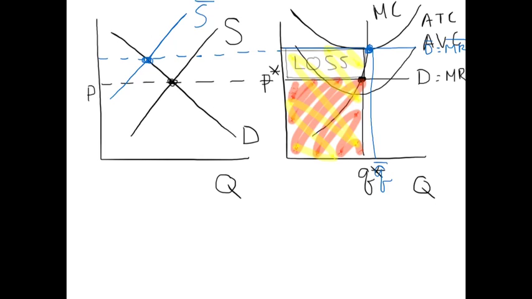Also, we need to show the shift from the Q star to the Q bar, the shift from the S to the S bar, and the shift of the demand and MR, which I showed right there. Okay, and that's it now, because the area underneath the ATC and underneath the new MR is equal. So it's at equilibrium. There's neither a loss nor a profit.